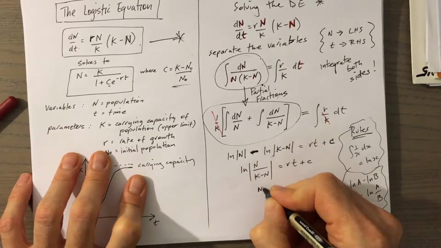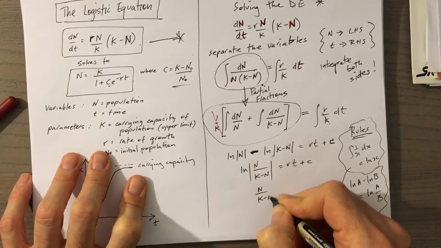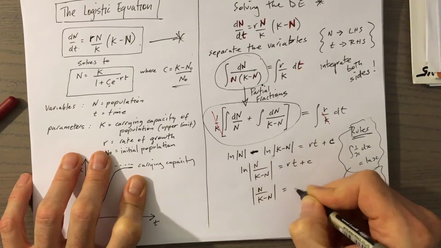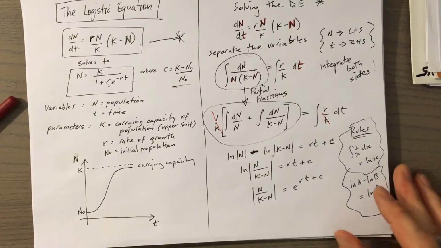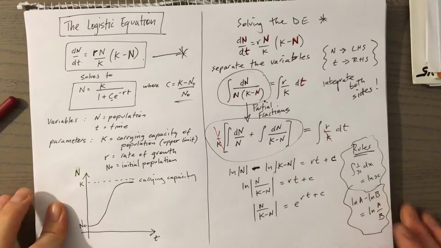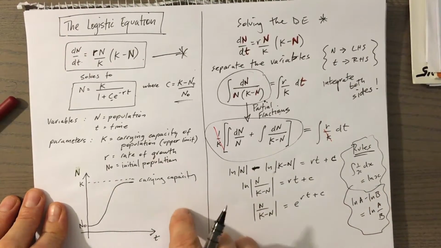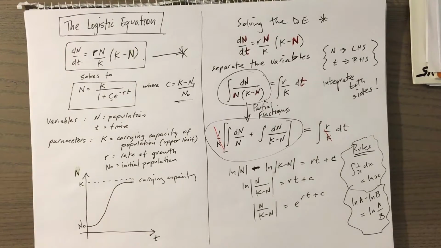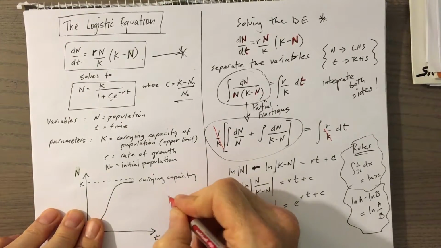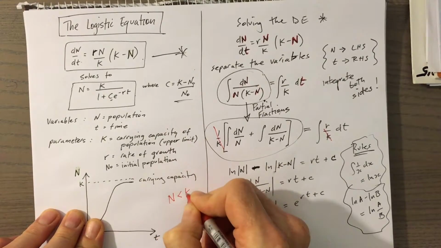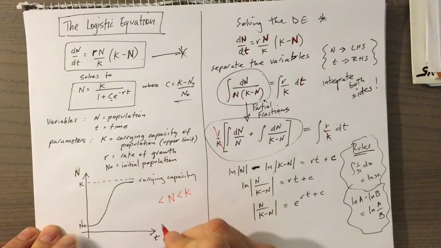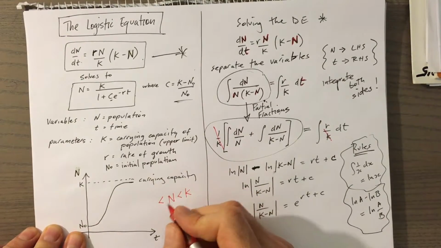If we do that, we end up with n over k minus n equals e to the RT plus C. At this point, it's important to note, and I should have written it over here, and I'll do it now, that our population at any time, which is n, is always going to be less than k, and always going to be greater than the initial population.